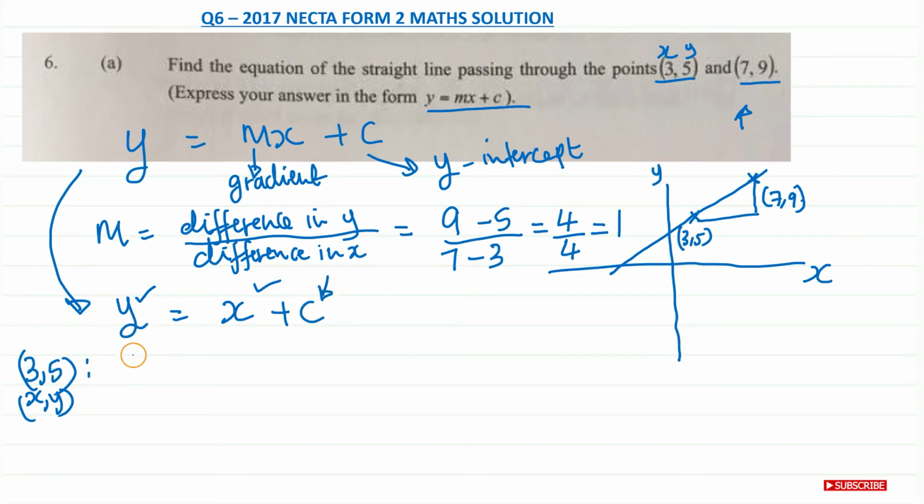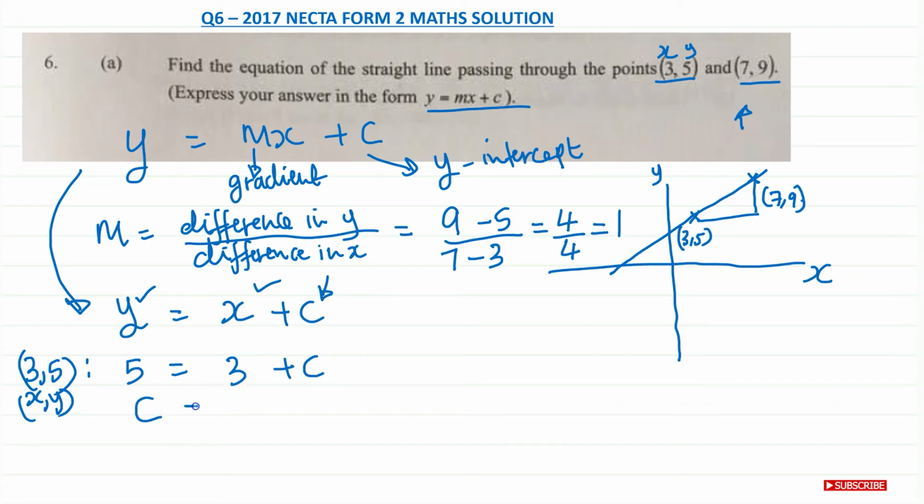So my y is 5. I can put 5 here, and my x is 3. And then I will write the rest as it is. Now if I take away 3 on both sides, I'll have 5 take away 3 equals c. So 5 take away 3 is 2.